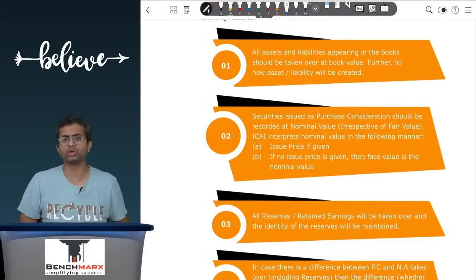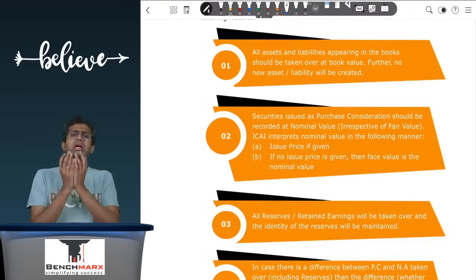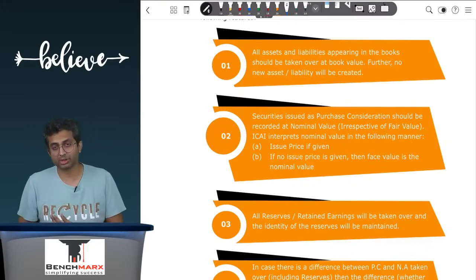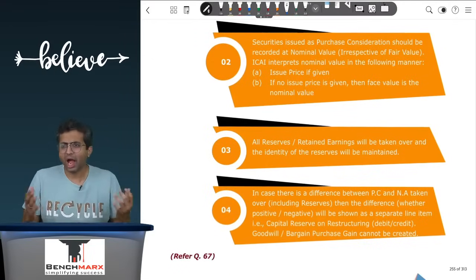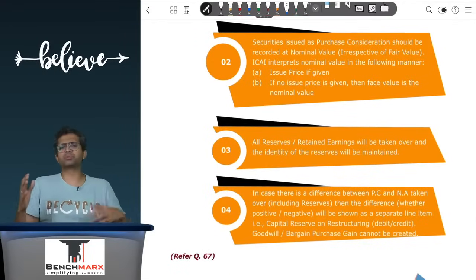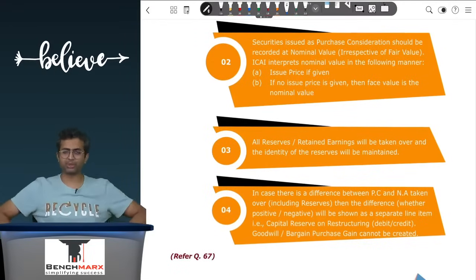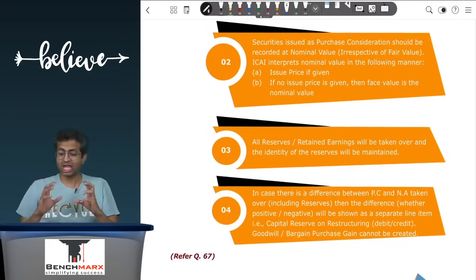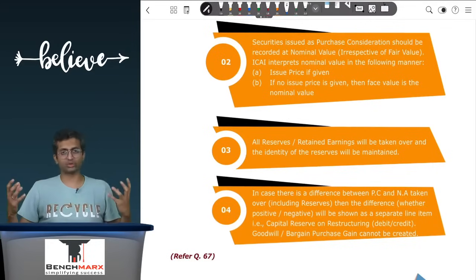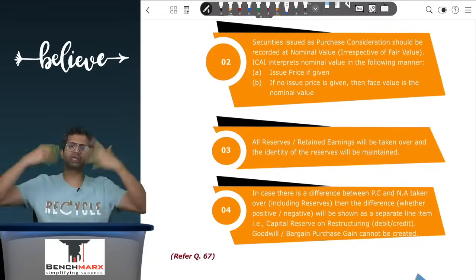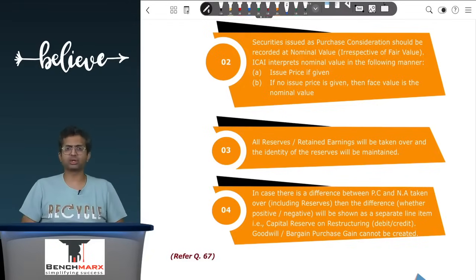This is the heart, in my opinion, of the pooling of interest method. This is where restructuring is permitted, because otherwise, let us say there were two subsidiaries which were now merging with the parent company, which is an example of a common control combination. If both of these companies had very good reserves, and both closed and merged with the parent company, and these reserves were not allowed to be taken over by the parent company, the parent would be reluctant to do a restructuring, because they would say that then I will lose distributable profits.